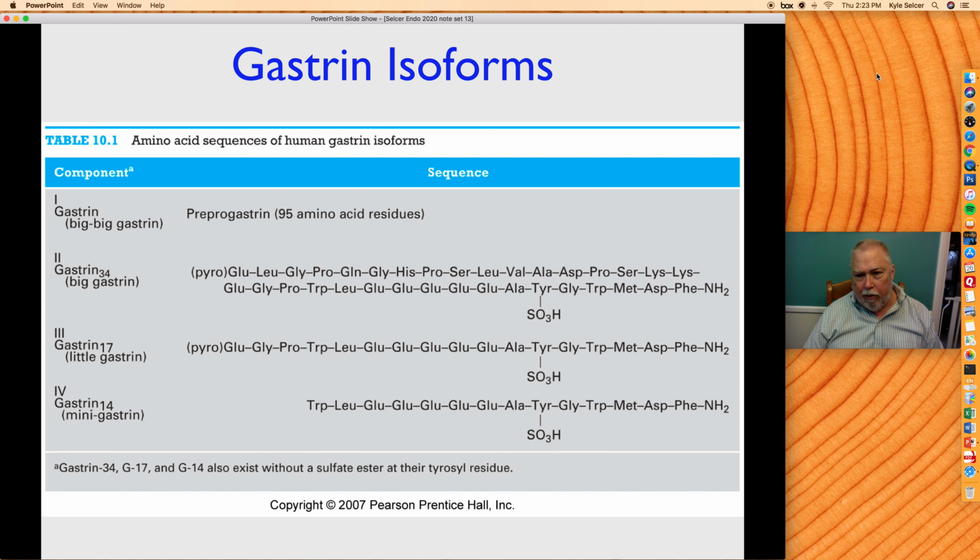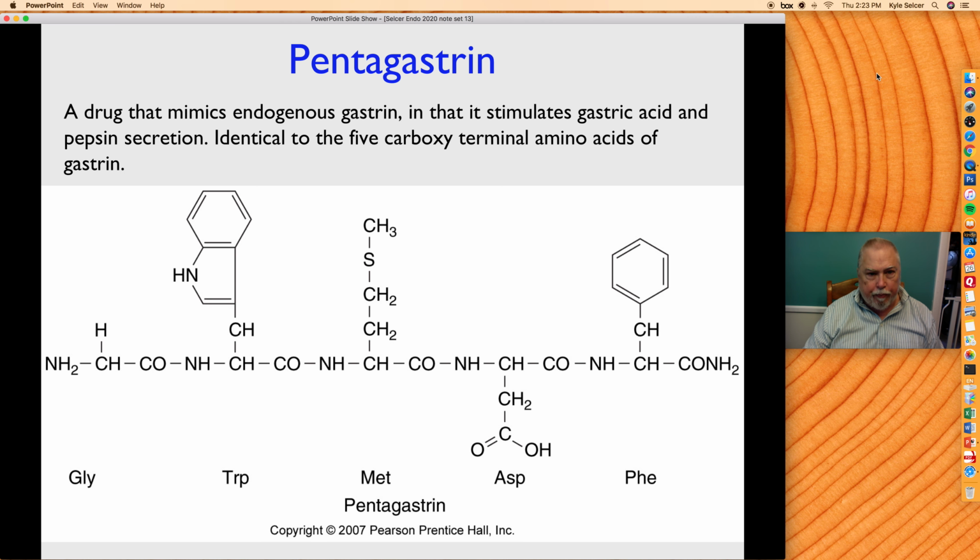The 5 conserved amino acids are at the C-terminus, and then the tyrosine with its sulfate. And then mini gastrin, gastrin 14, is cut off. All of these are effective in different tissues, but they probably either bind to different receptors or they have different affinities for those receptors. So there's a lot of regulation going on here.